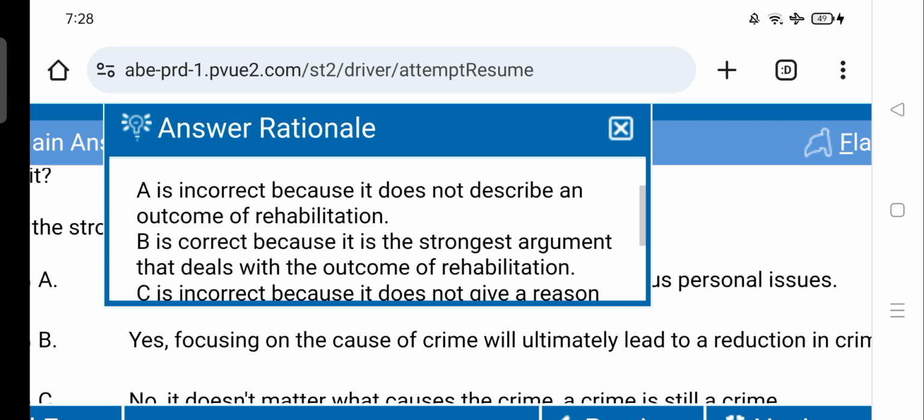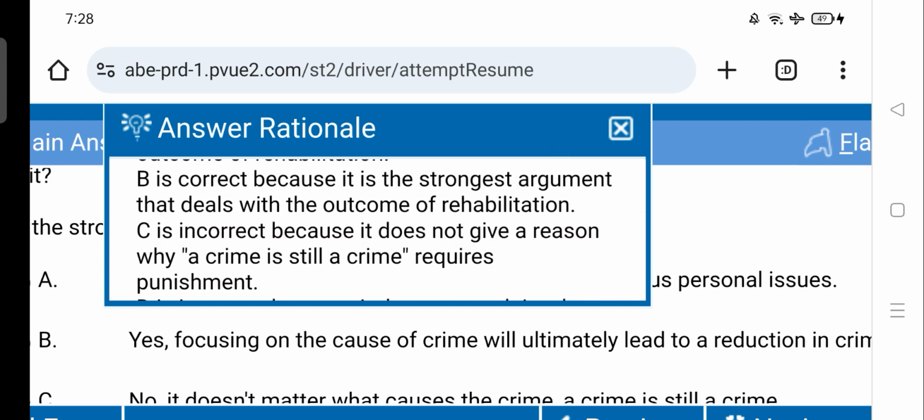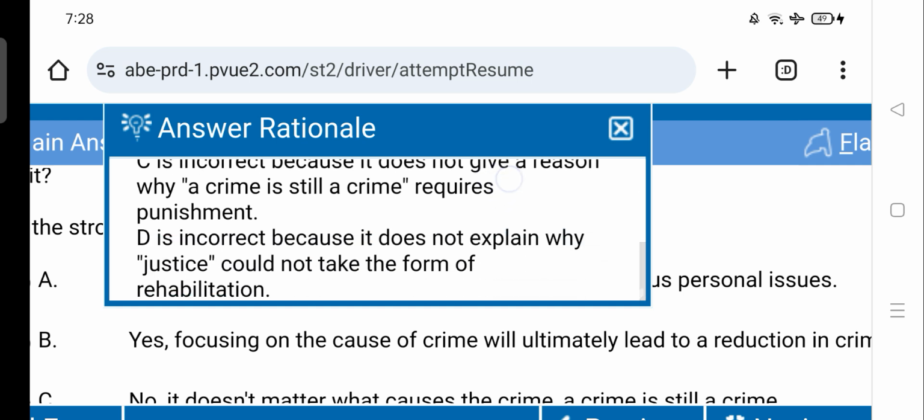A is incorrect because it does not describe an outcome of rehabilitation. B is correct because it is the strongest argument that deals with the outcome of rehabilitation. C is incorrect because it does not give a reason why a crime is still a crime and requires punishment.